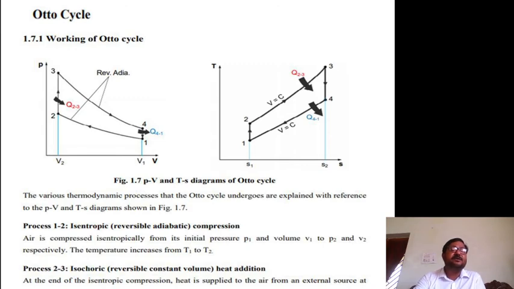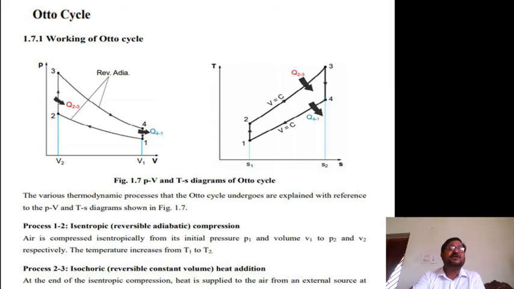At state 2, the pressure is more, volume is less, and temperature is also more. This is reversible adiabatic or isentropic. Why is it called isentropic? From 1 to 2, the entropy is the same, that's why it is called isentropic. The entropy is the same means there is no heat transfer between the system and the surroundings. It is totally like an insulated one.